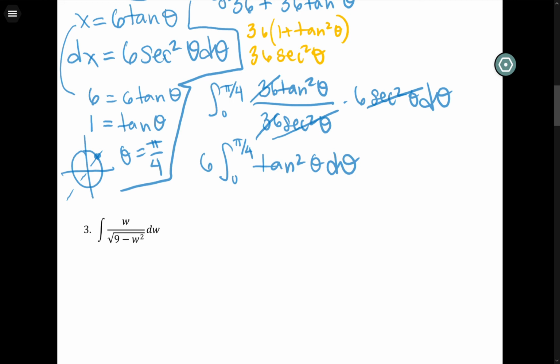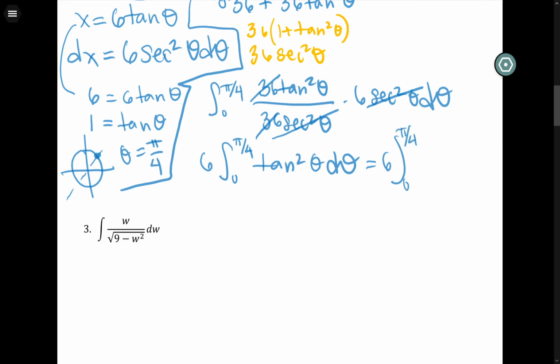There's a couple ways to deal with the tangent squared theta. One of them is to write it as sine squared over cosine squared, and then you'll have to use the Pythagorean identity to say sine squared is the same as 1 minus cosine squared, and you could split them back up. That's actually the long way, though. I just find that people do it, and sometimes I catch myself doing it, because if it's tangent, like the last problem, that's exactly the method. But here, there's actually a quicker way.